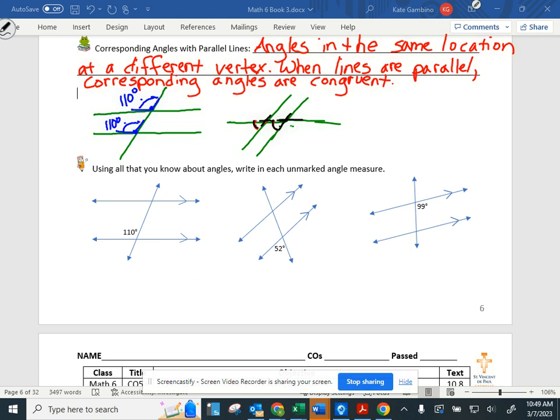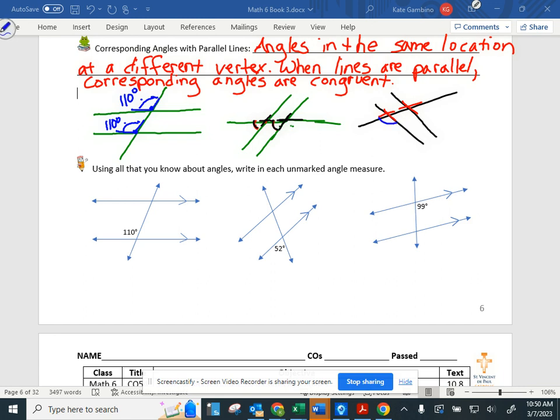Sometimes our lines, we have our two parallel lines, and then we go like that. It's not always going to be set up nice and neat. They can shift around a little. Same concept. We have our X, we have our X. We want to match up same positions.